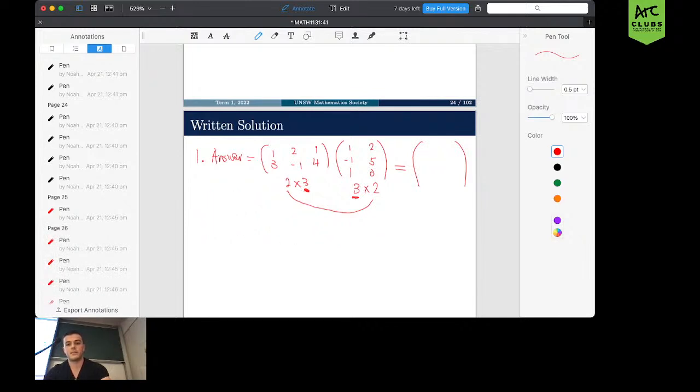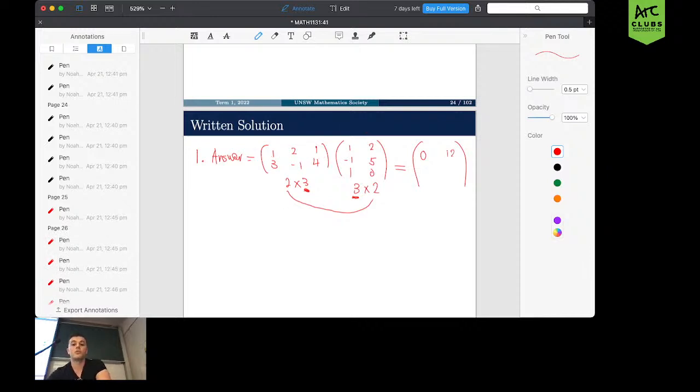So that part there will be 0. Okay. If we want row 1, column 2, you just dot row 1 with column 2. And so what we get is 1 times 2, which is 2, plus 2 times 5, which is 10, plus 1 times 0, which is 0, and you get 12 there. So that element's going to be 12.